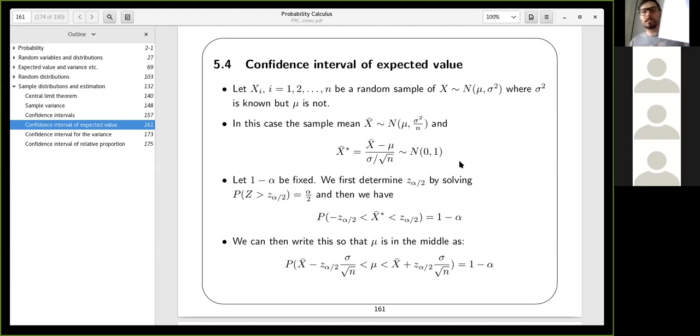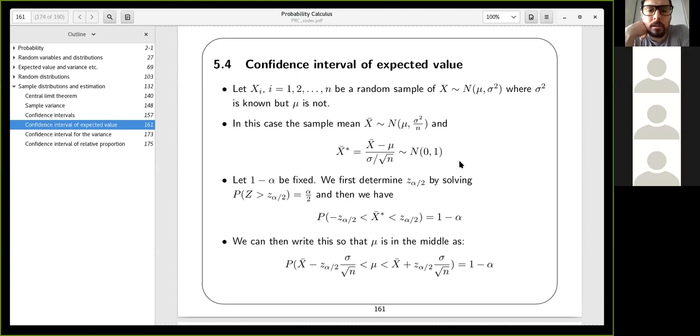So these are our limits, right? From the N(0,1). So you see from this picture that the probability that the normalized sample mean is between these two values is 1 minus alpha. And these are from a 0, 1 normal distribution, right?